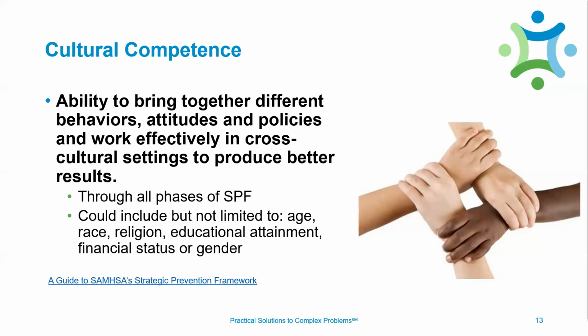So it's okay to pull in some of these other attributes and behaviors, because that's definitely something we don't want to ignore. We want to embrace and look through that lens of all those different things when we're doing our SPF and framework planning.